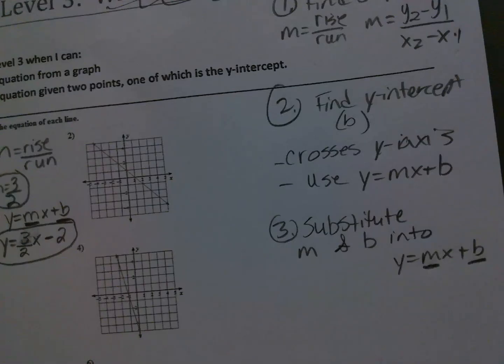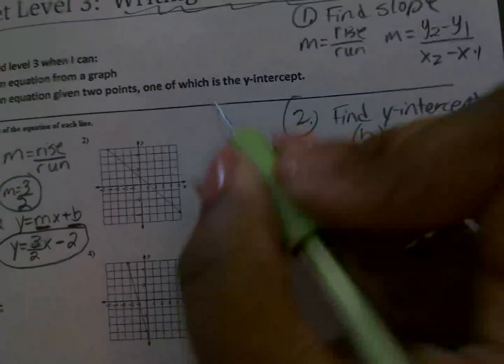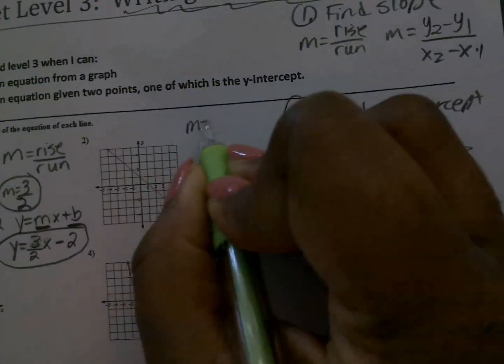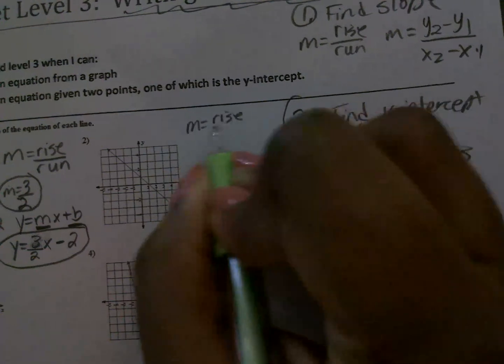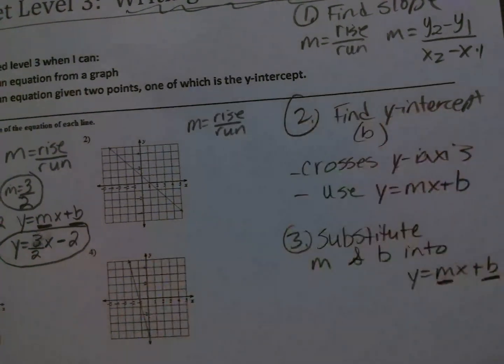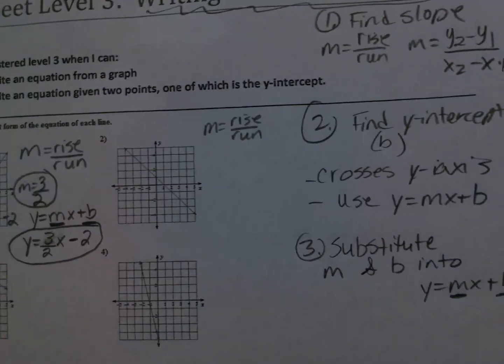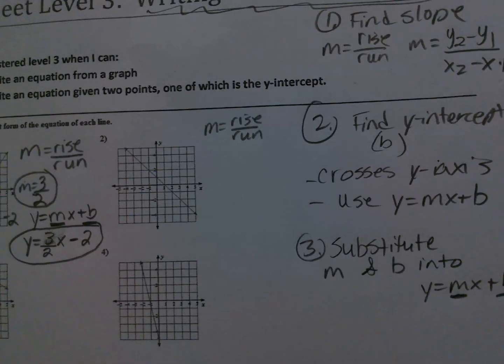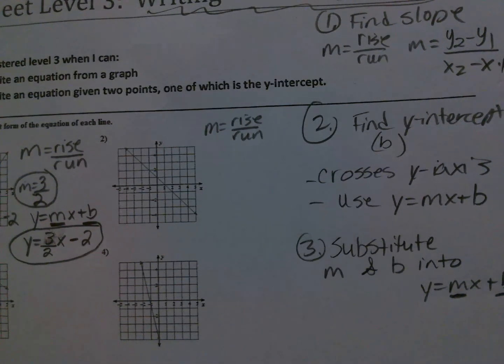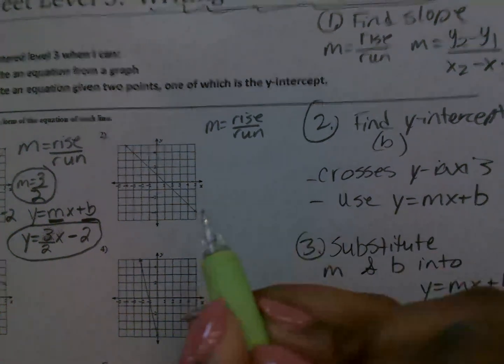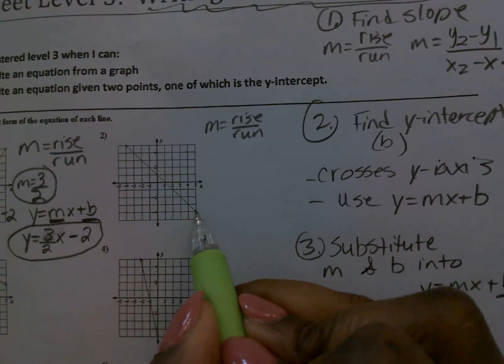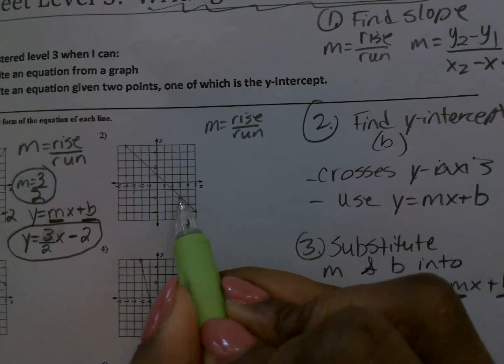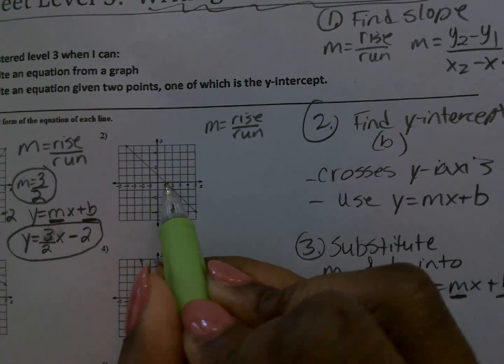All right, look up here. Let me pause. We're going to find the slope first. When you're finding the slope, you use rise over run. If you didn't write it, please write it. We have to pick 2 points on the line. Remember, they have to be at an intersection. I could choose any of these points because they're at intersections.